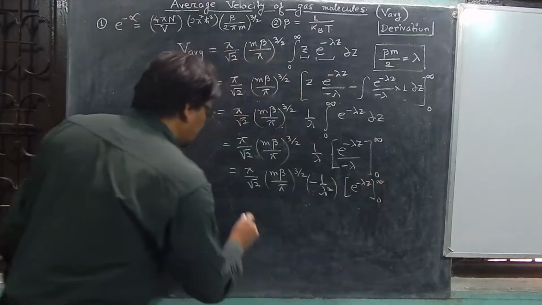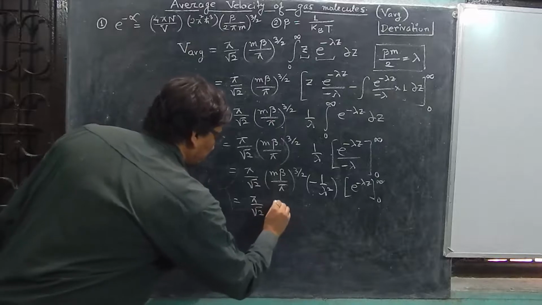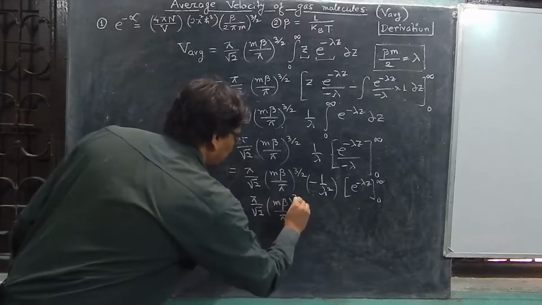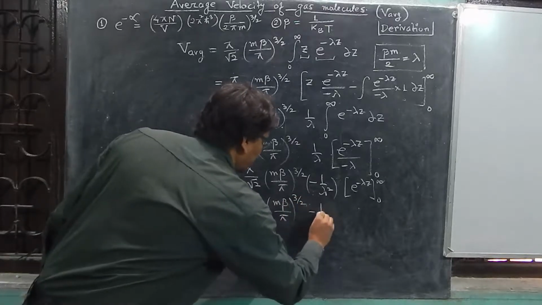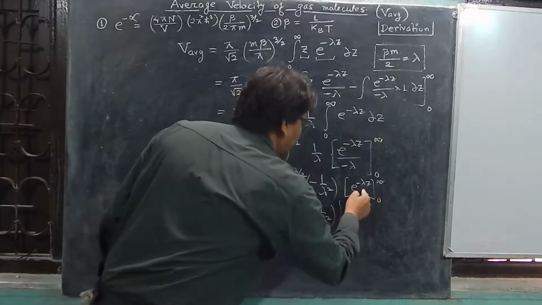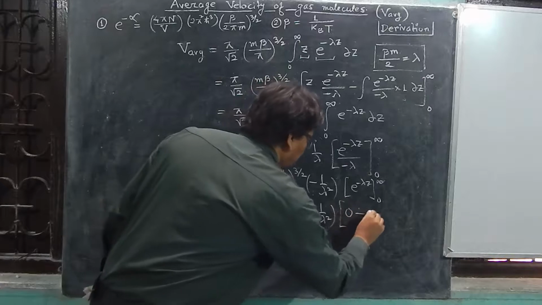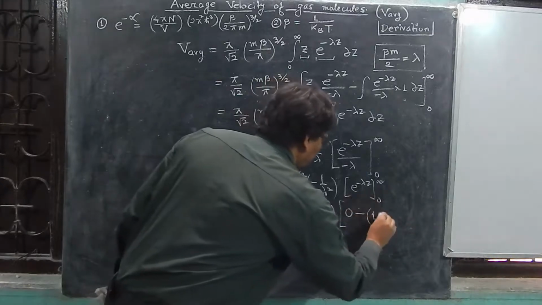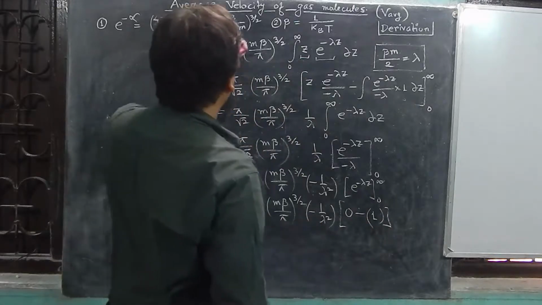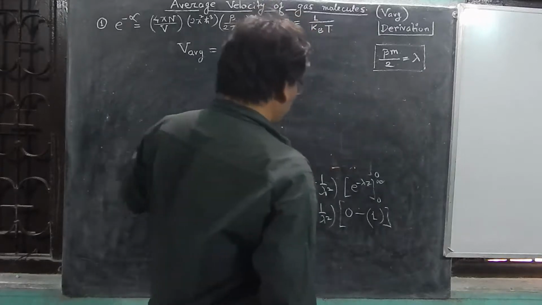If you put infinity, this value will give you 0, and if you put 0, this will be 1. So this is minus 1 and minus lambda square, so ultimately the integral gives this value.